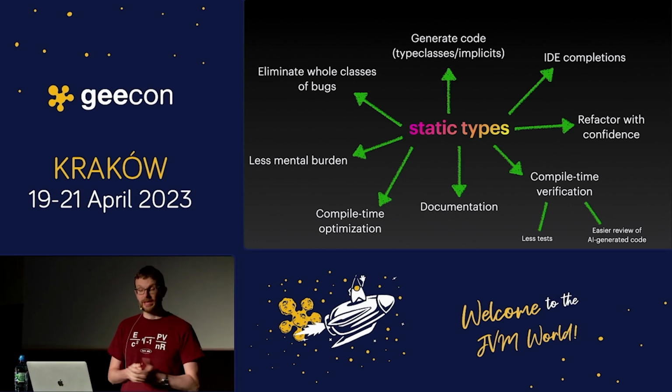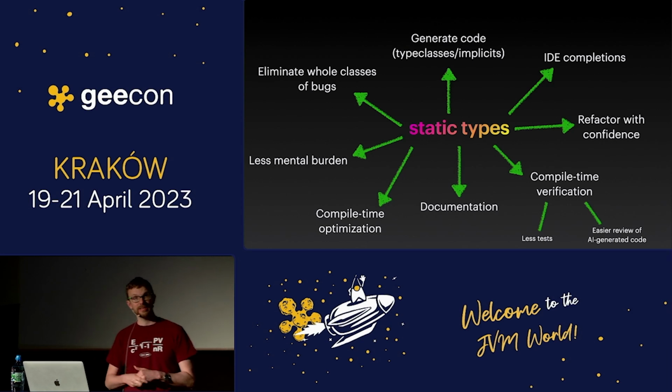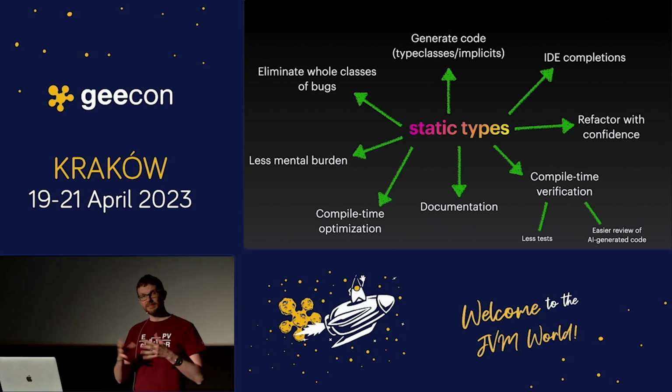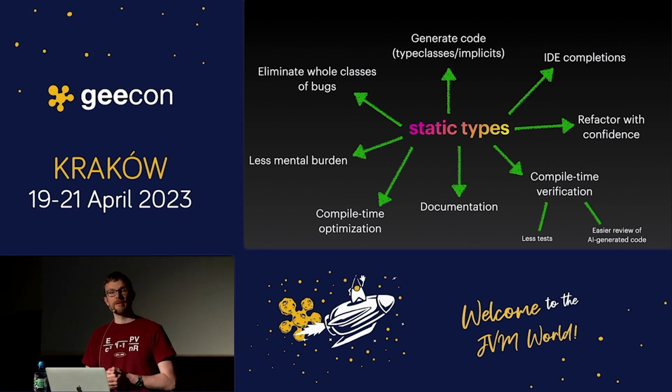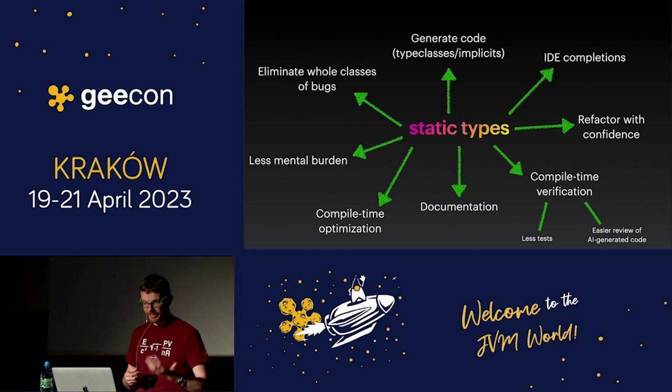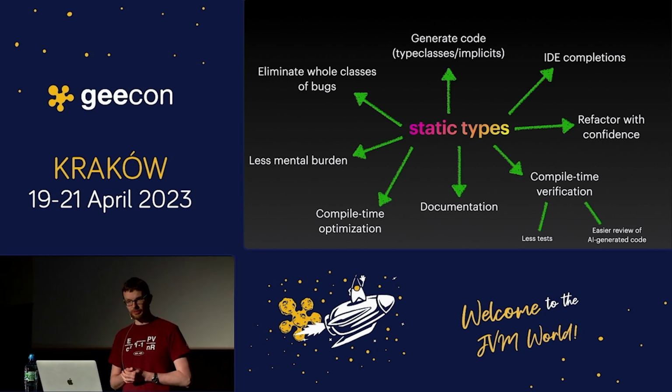Static types also eliminate whole classes of bugs, right? These are usually simple bugs, but still it would be something that we would need to test and we would need to fix ourselves. And here we get that out of the box. So we don't have to write those tests, which is always good, even if, or rather, especially if they are quite stupid or simple tests.